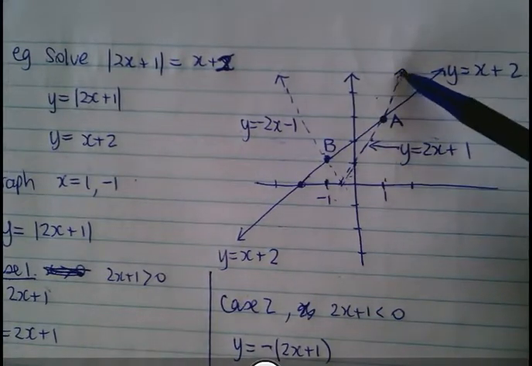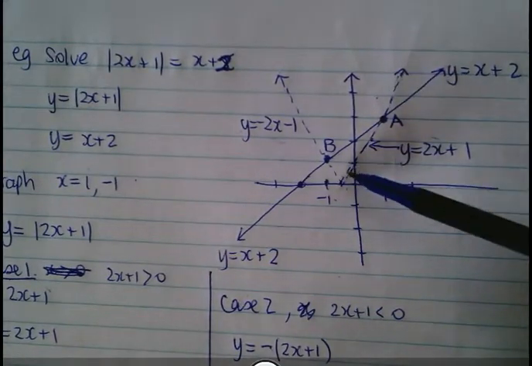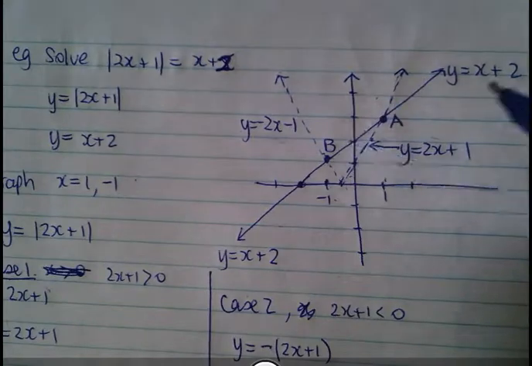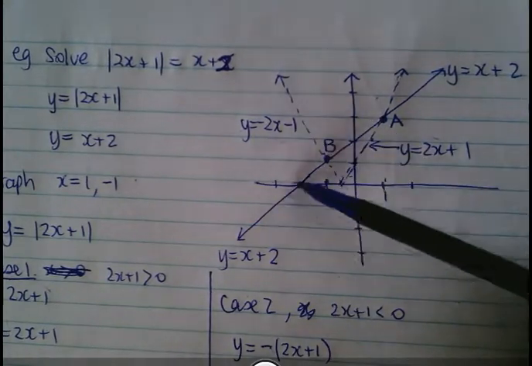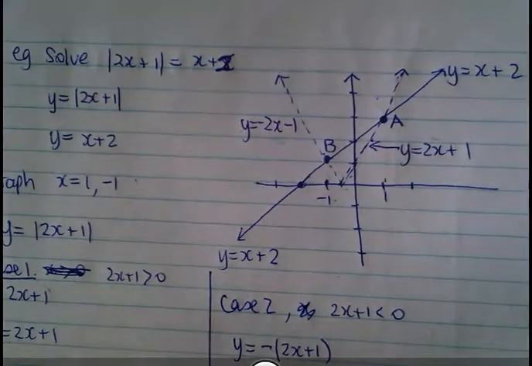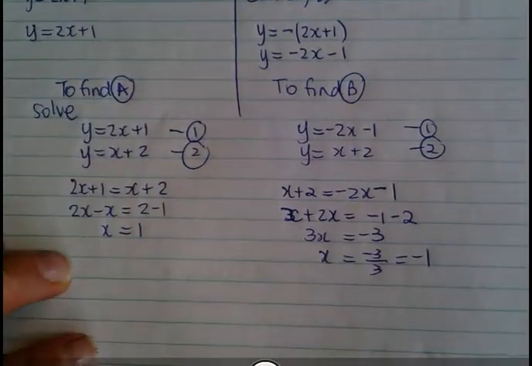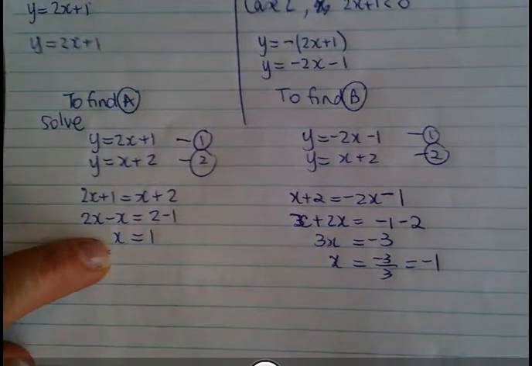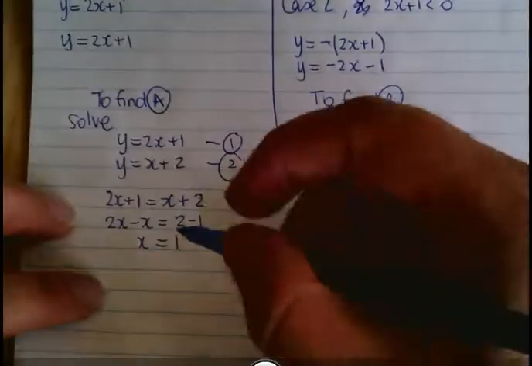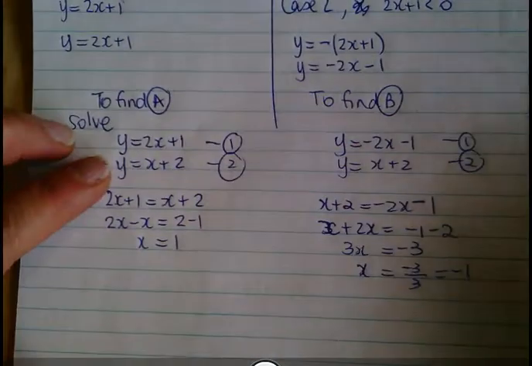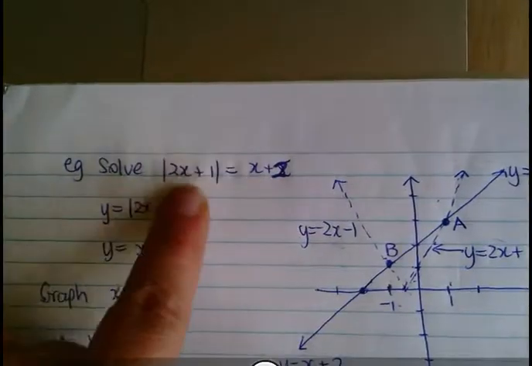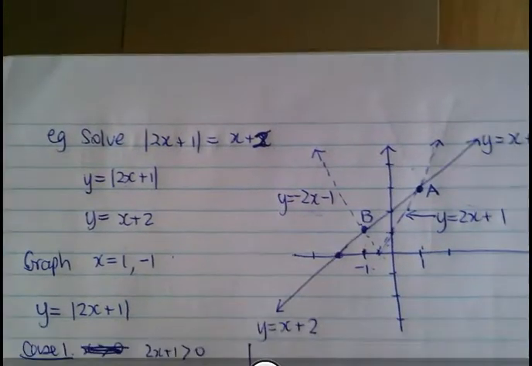You have to see when this line with the positive gradient cuts the line y equals x plus 2, and when this line with the negative gradient cuts the line x plus 2 as well. If you want to find y values, you would just substitute into the original equation. But because we're only asked to solve for x, I don't need the particular y values.